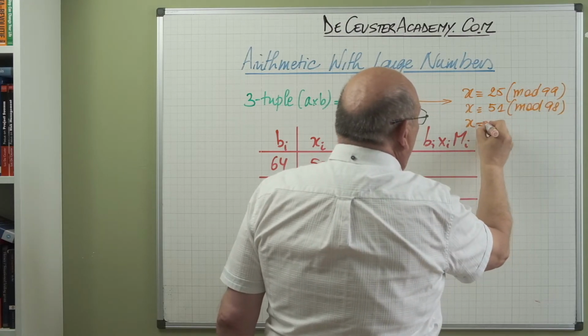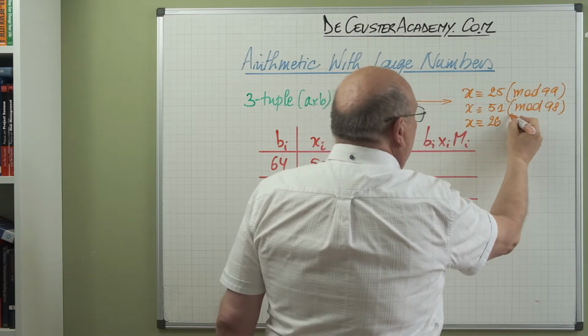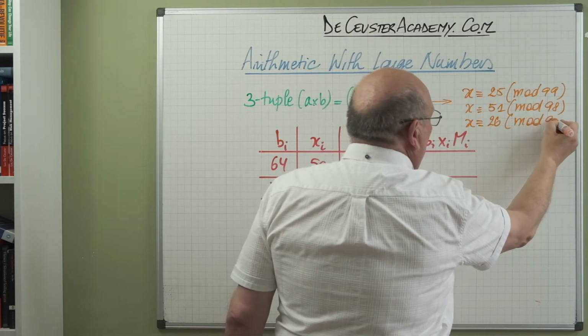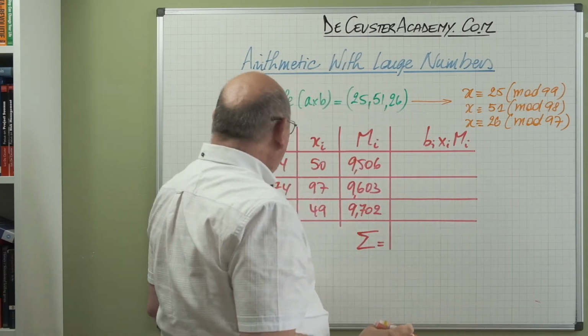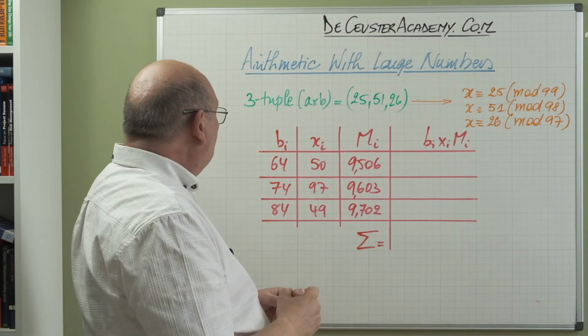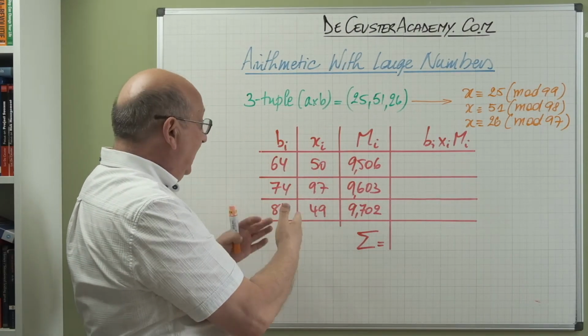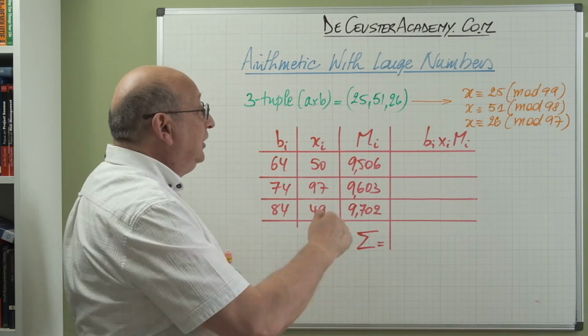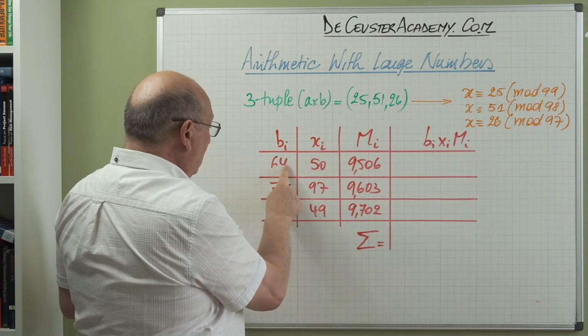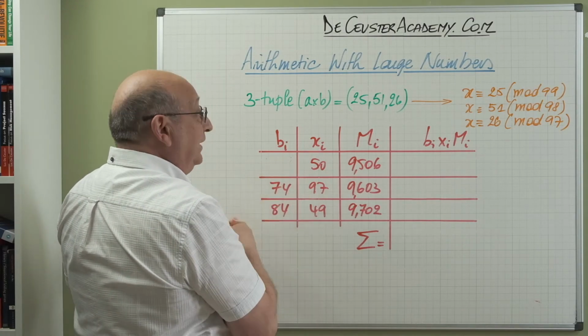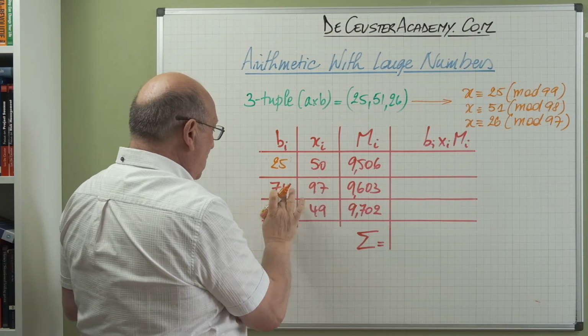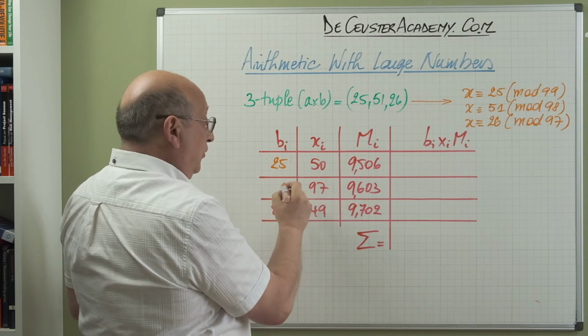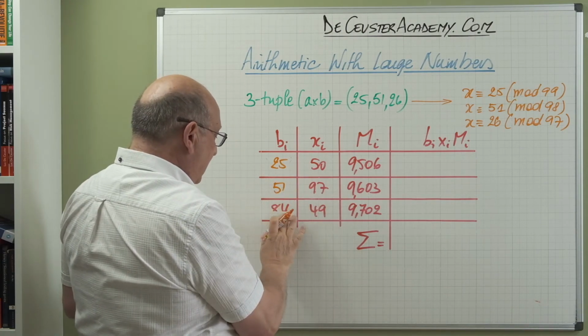And the last one, x is congruent with 26 modulus 97. So basically what we have to do is to change the coefficients that I had here from the previous equation, and we just have to change it with those new numbers. So we have here 25, we have here 51, and here we have 26.